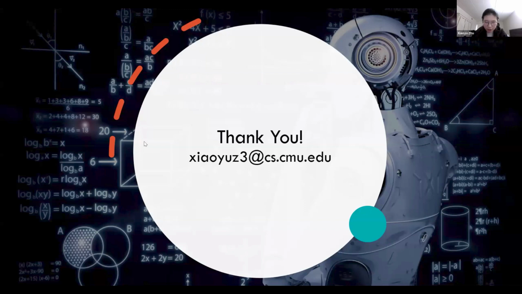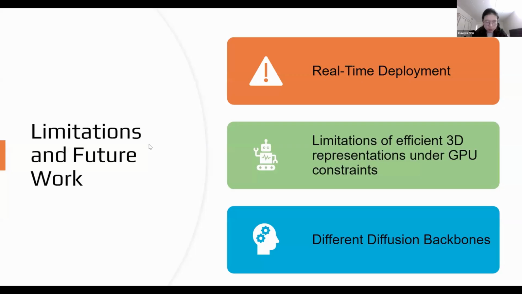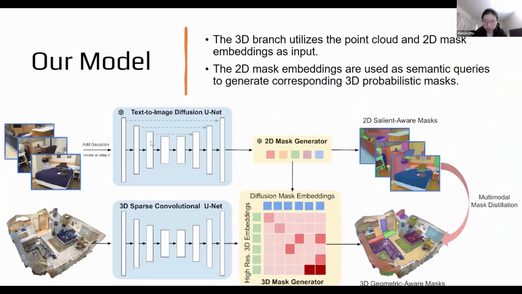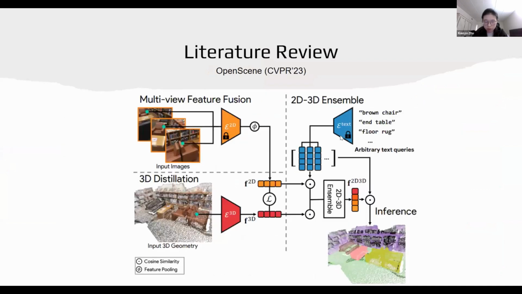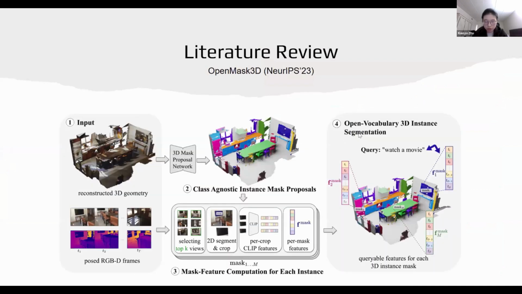Yeah, I think I understand your question. Let me go to that slide. So it performs 3D scene segmentation. I'm not sure, for the 3D image, does it refer to the 3D point cloud? I know sometimes people use that to refer to the same thing. But to clarify, both of these two models, and also our method, are for 3D segmentation, and at inference time the user will give a text prompt.